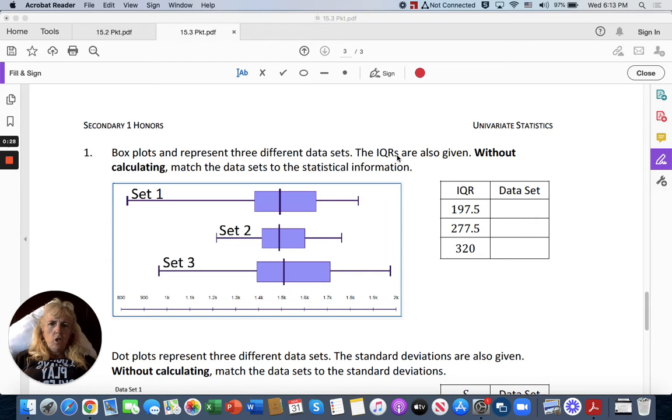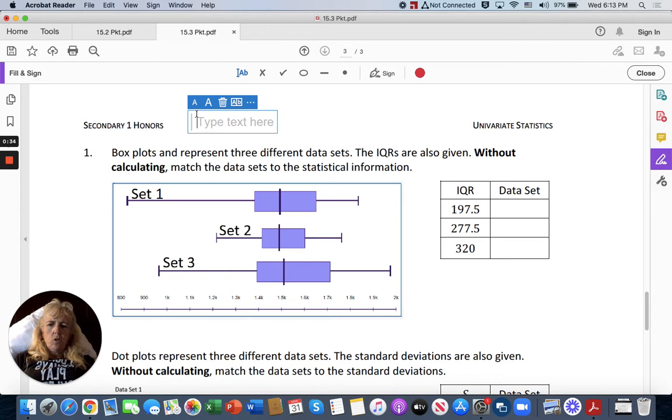Just so you know what IQR is, it stands for interquartile range. Interquartile range equals quartile 3 minus quartile 1.